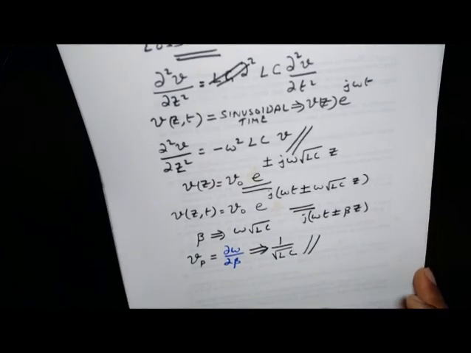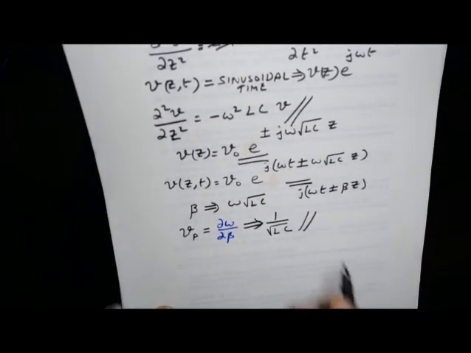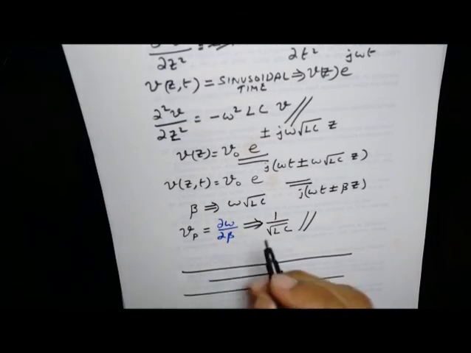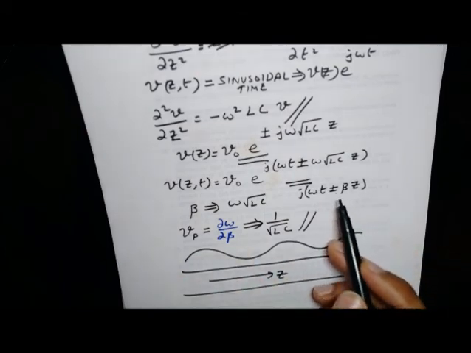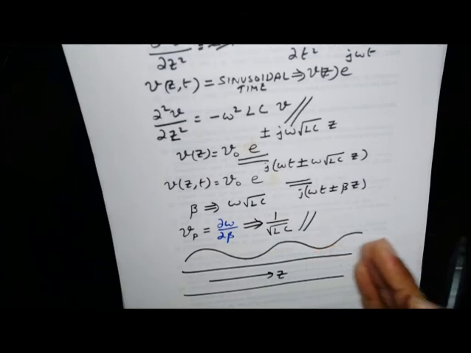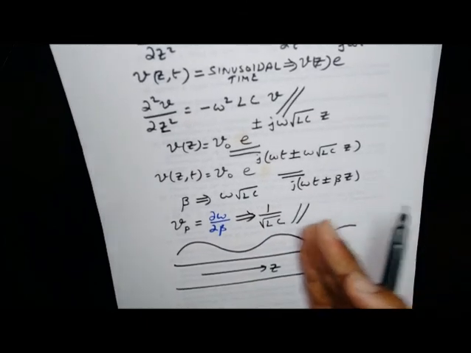Another thing is that I can show schematically now, if this is the transmission line along the z axis, the potential variation will be sinusoidal and it will propagate depending on the sign here, either in the positive z direction or the negative z direction.